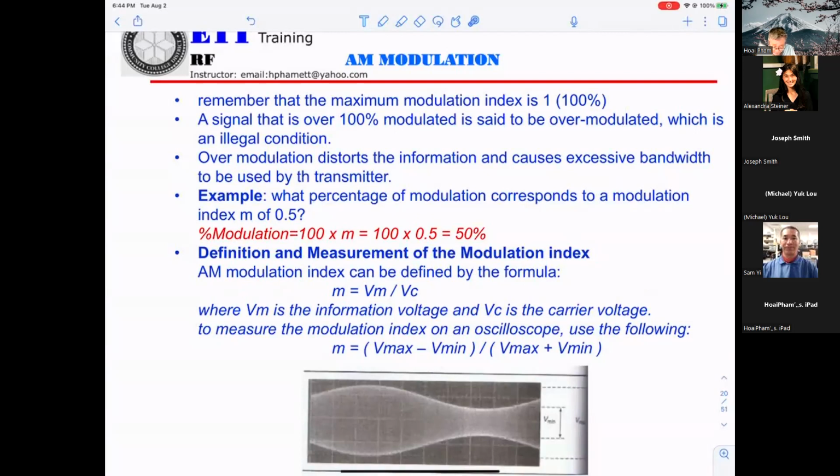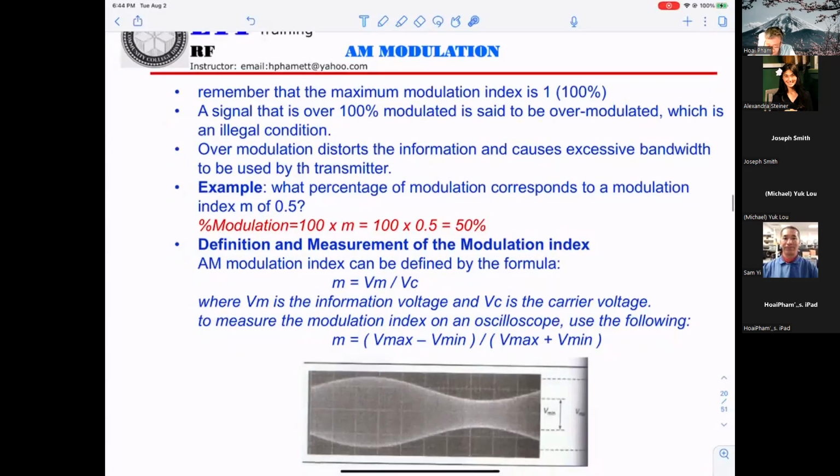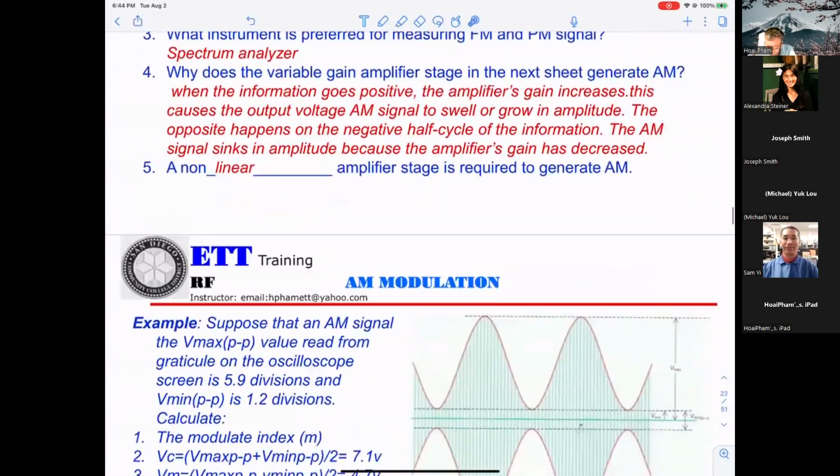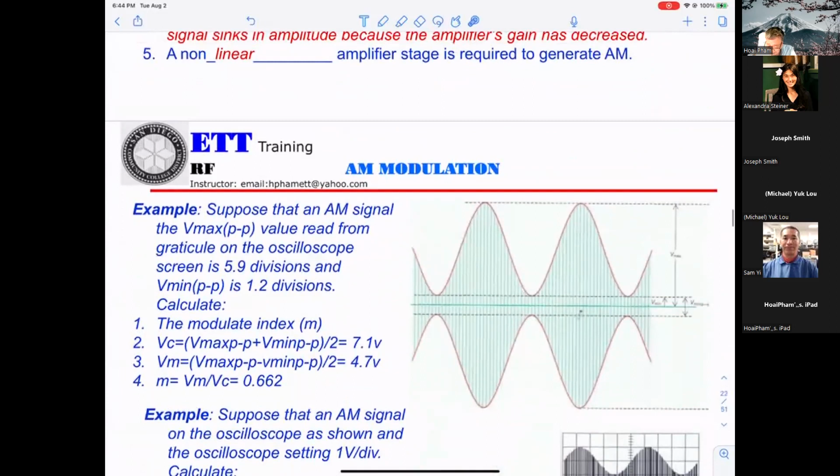To measure the modulation index on an oscilloscope, it is the following: m equals V max minus V minimum, divided by V max plus V minimum. I'll show you on this one. You get the AM signal here.